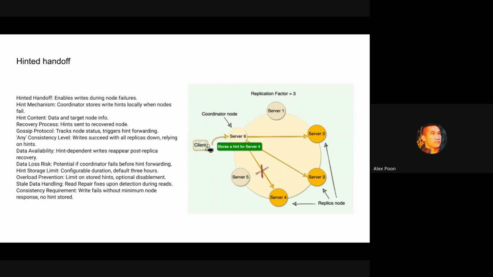Now let's talk about the hinted handoff. Now, when the node which is down comes online again, how should we write to it? Cassandra accomplishes this through hinted handoff. When a node is down or does not respond to a write request, the coordinator node writes a hint in a text file on the local disk. This hint contains the data along with information about which node the data belongs to.